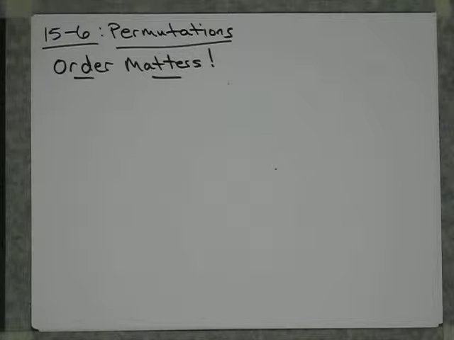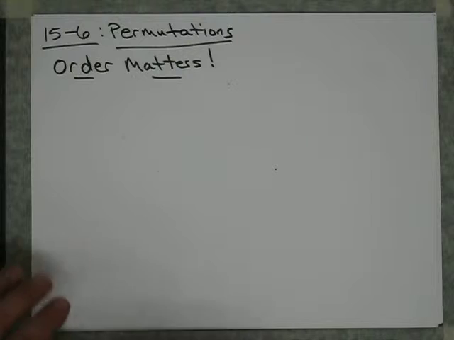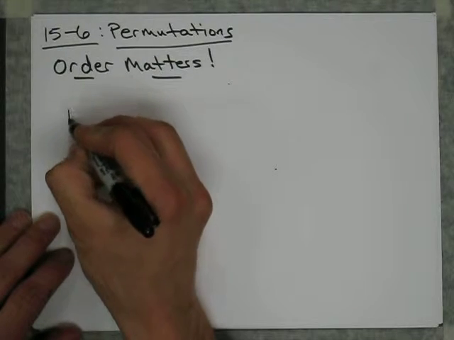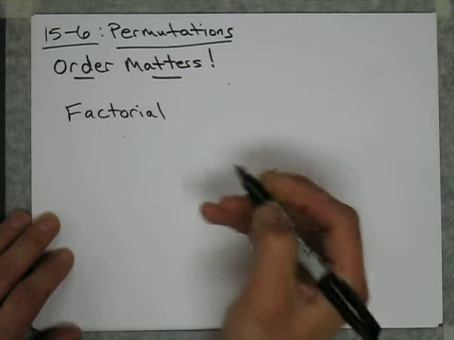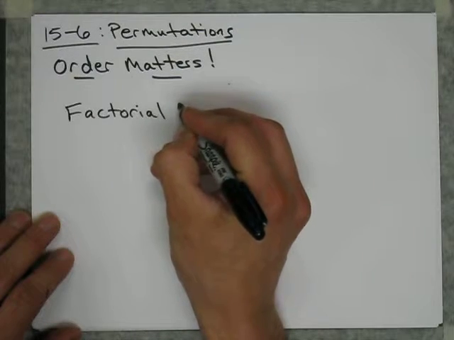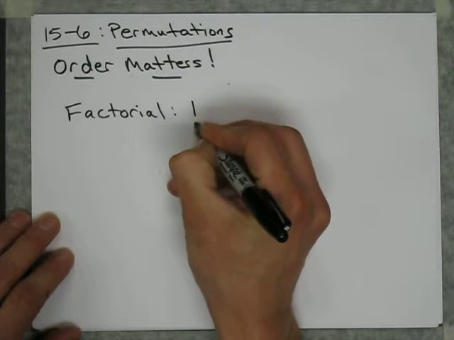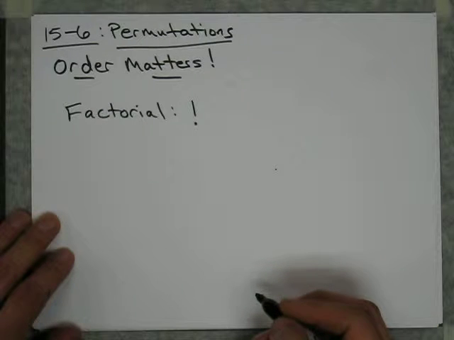Now, there is a function on the calculator that I should address. The function is called factorial. It is found on the calculator, it's an exclamation mark.